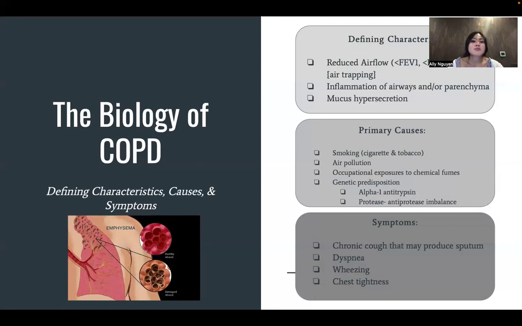It can also be caused by indirect contact with smoke, such as secondhand exposure, and less commonly, occupational exposures to chemicals and noxious particles, as well as a genetic deficiency in alpha-1 antitrypsin. Some of the symptoms of COPD include, but aren't limited to, a chronic cough with sputum, dyspnea, wheezing, and chest tightness.